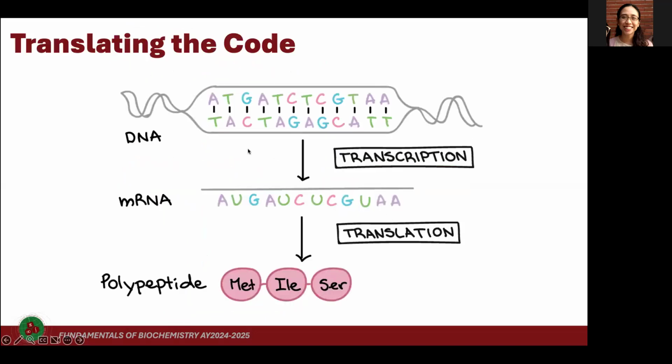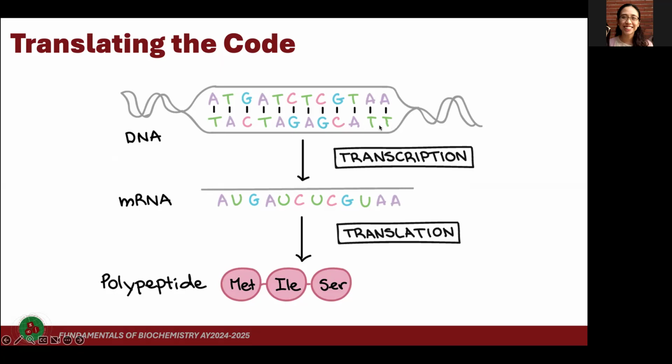So the flow of information from your blueprint, which is stored in your DNA, is such wherein you have the coding strand in your DNA. So this coding strand has a complementary strand, which is what we call the template strand.